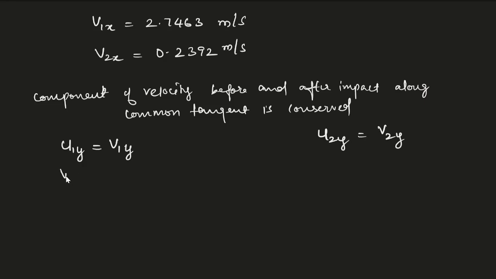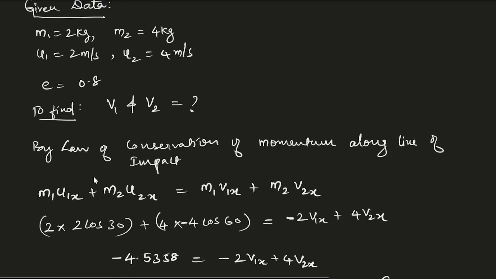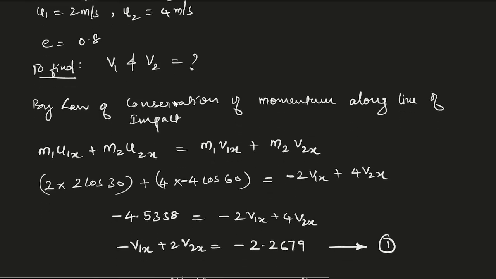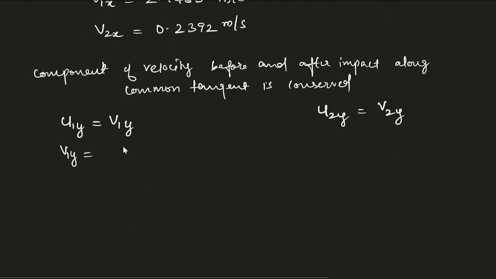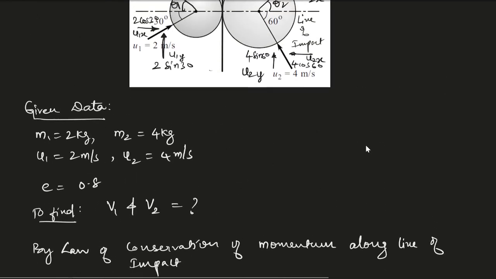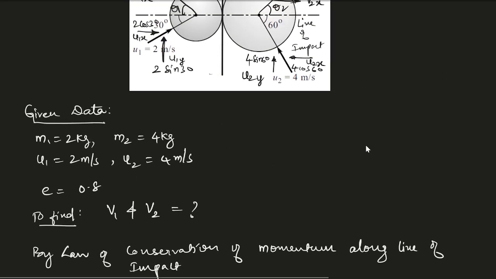So now what is v1y? It is u1y. u1y is nothing but 2 sine 30, going upward, so positive. And v2y is equal to u2y. So u2y is 4 sine 60, again going upward, so positive.